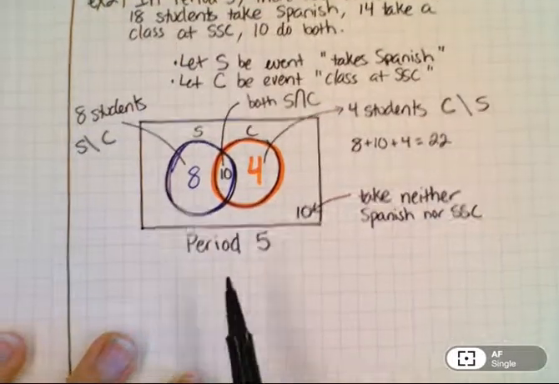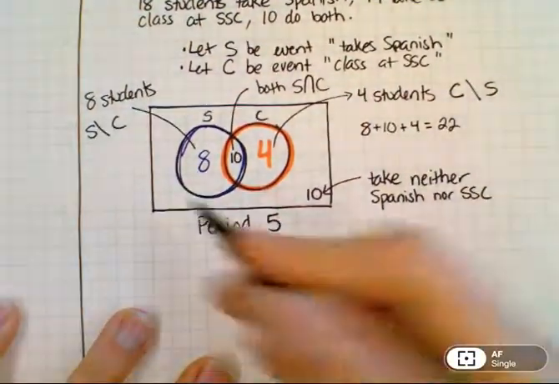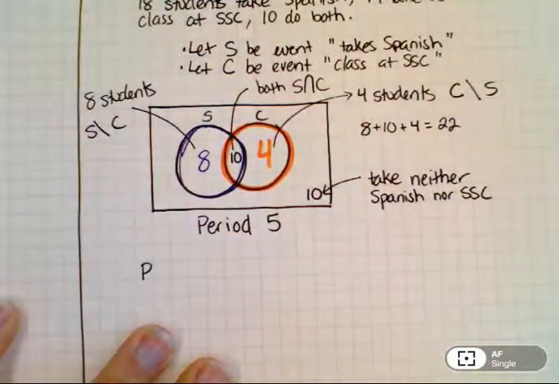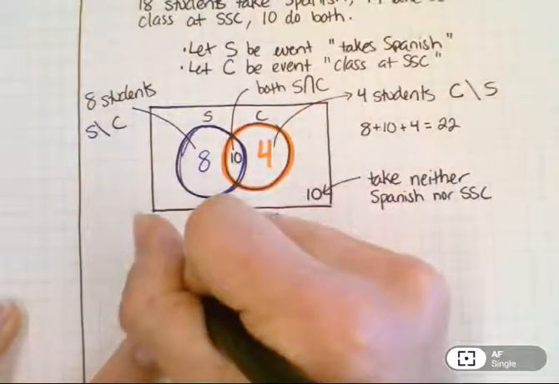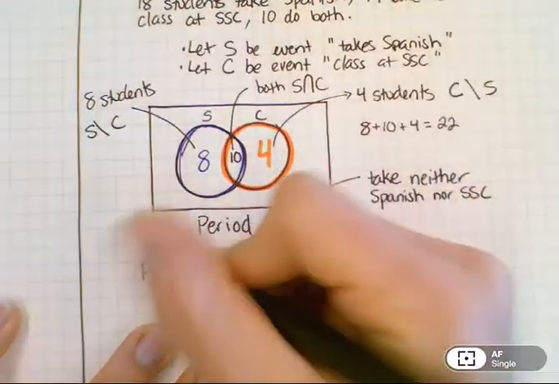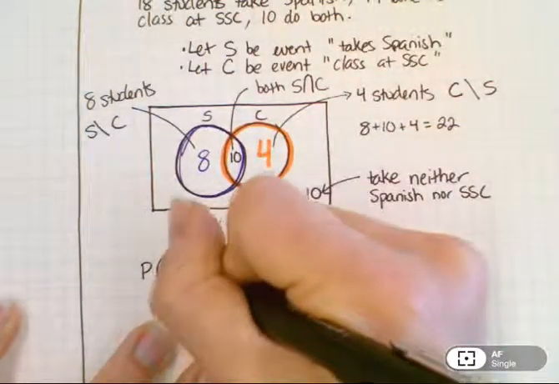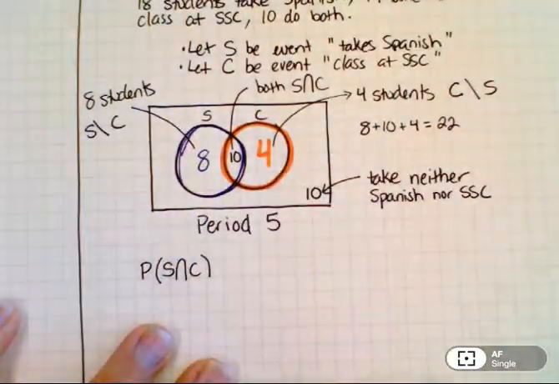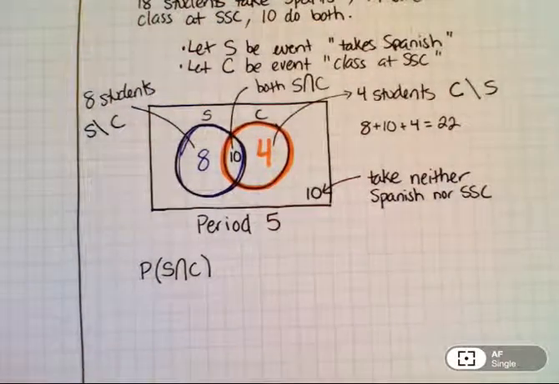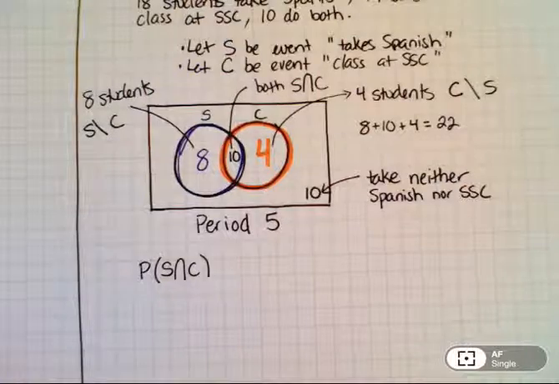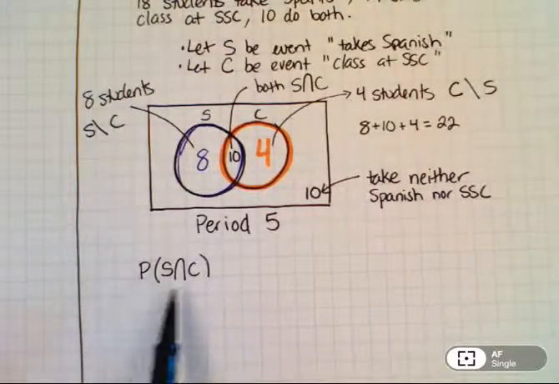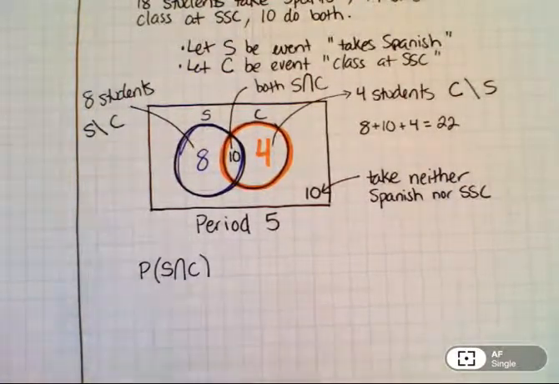So the question now is, if I select a student at random, I want to know what is the probability that they take Spanish. Let me put it this way. What's the probability that they're in the intersection, right? So these are students who take both Spanish and a class at SSC.